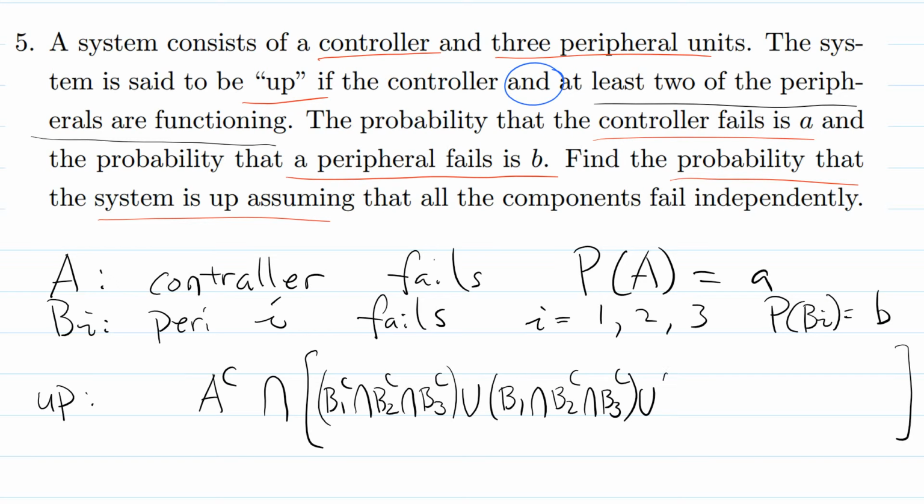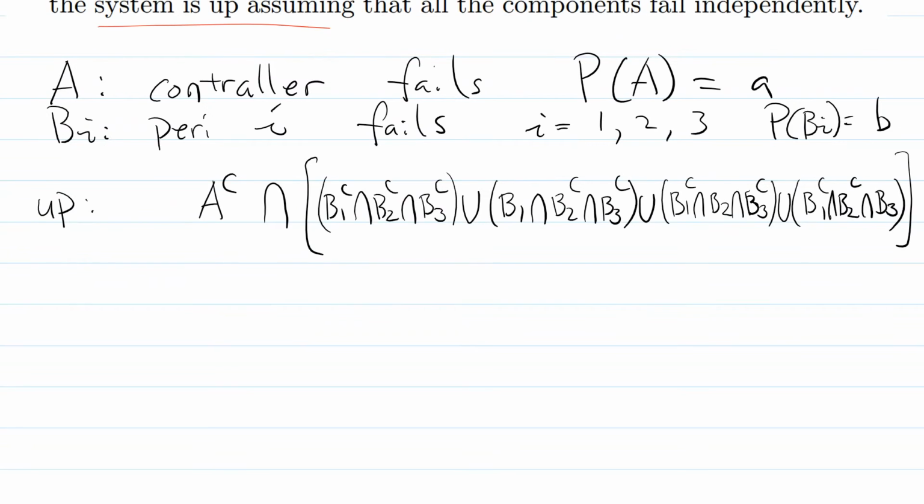Or, so union, peripheral 1 is functioning and peripheral 2 fails and peripheral 3 is functioning. Or, so union, peripheral 1 is functioning and peripheral 2 is functioning and peripheral 3 fails. So this is the event up described by sets.